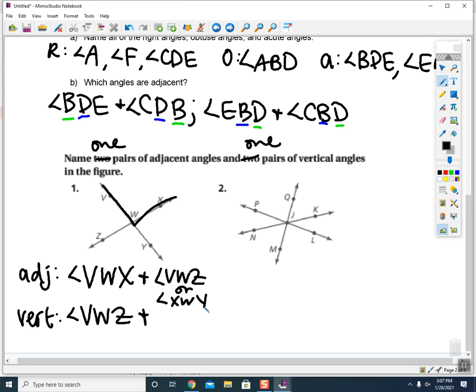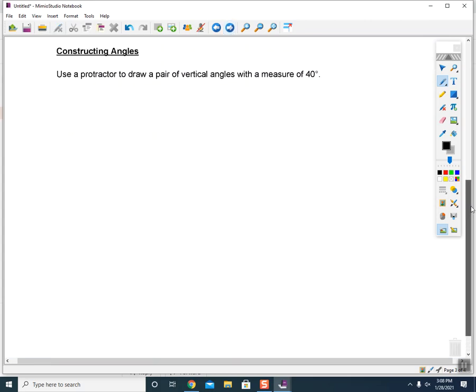Now the vertical angle to VWZ, there's only one option here. You should have had the angle of XWY. Okay, go ahead and do the second one on your own. And let's just move on to this next page. So you can do that one for practice.